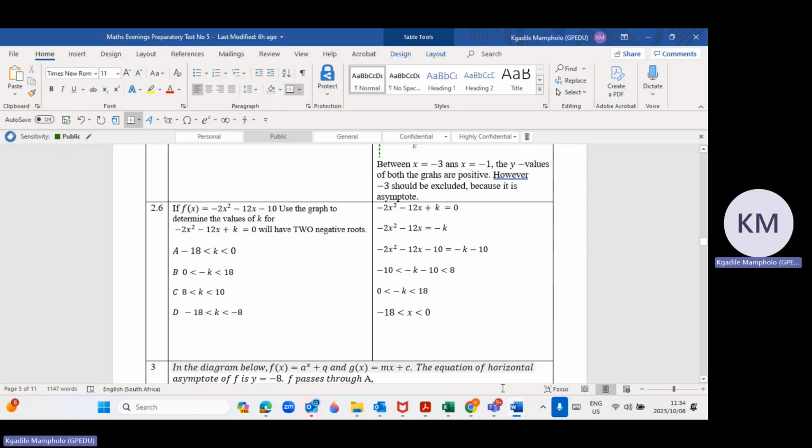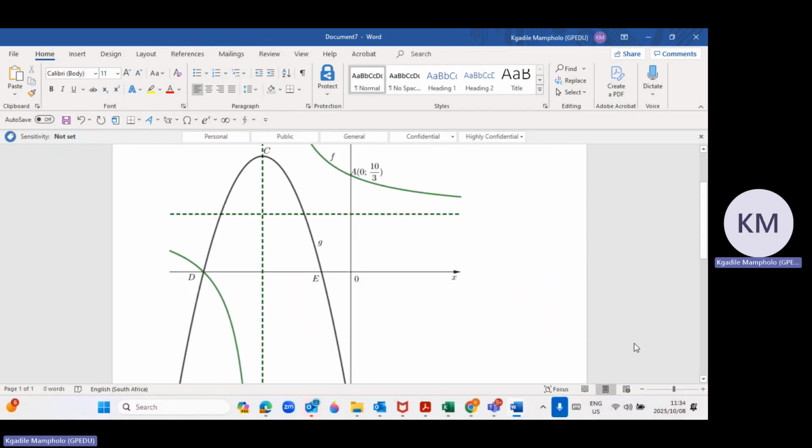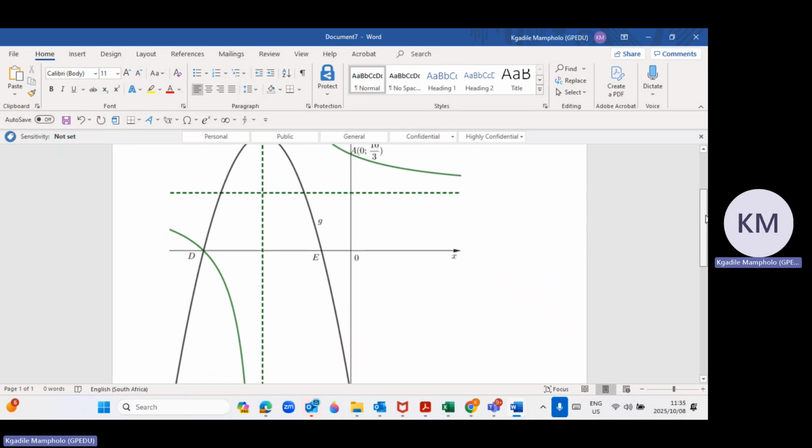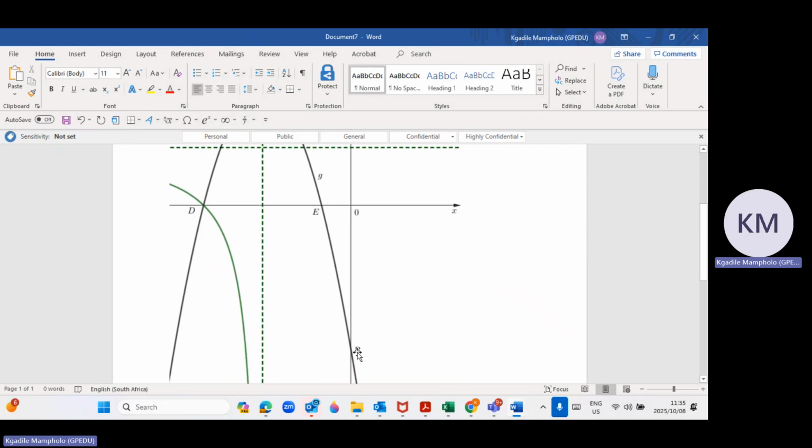Remember, when you say two negative roots, it means where you'll get two negative x values when you draw a horizontal line. If you draw a horizontal line here, x here will be negative, x here will be negative. We have two negative roots anywhere between the turning point and the intercept. Below the intercept, we are no longer having two negative roots. We have a positive root.